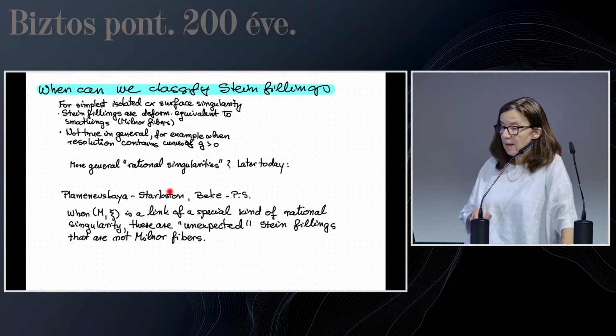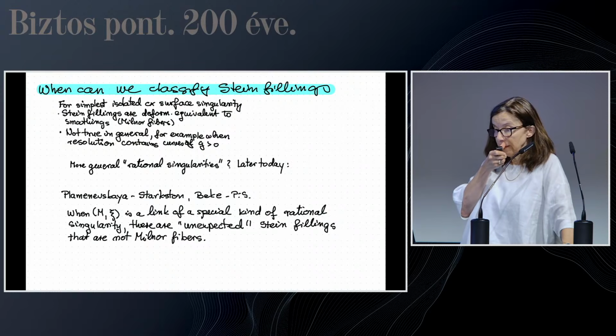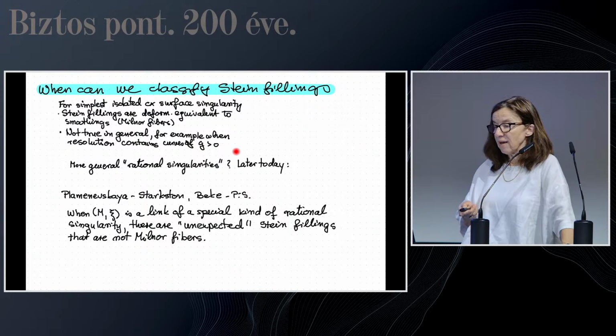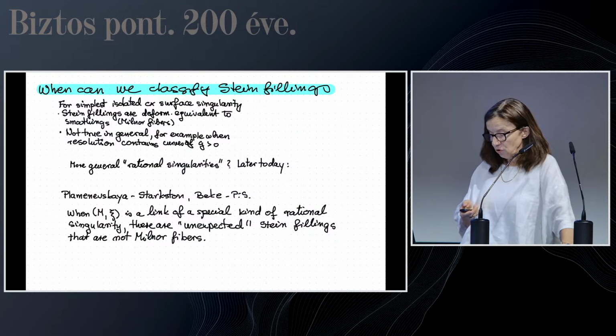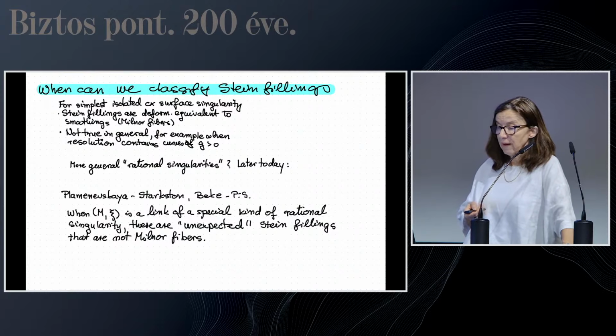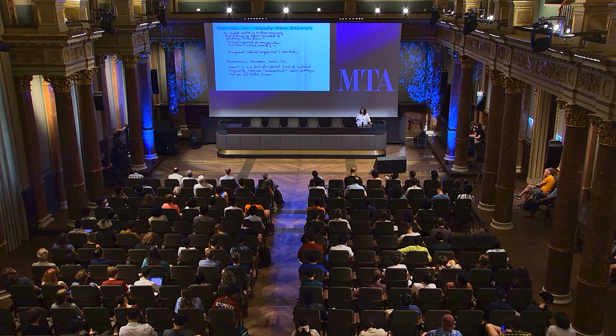If a resolution contains curves of genus bigger than 0, then one can construct Stein fillings that are not Milnor fibers, because genus bigger than 0 lets us construct fillings that have an algebraic obstruction to being Milnor fibers. This was mentioned yesterday, and it was exploited by Ozbagci and others.